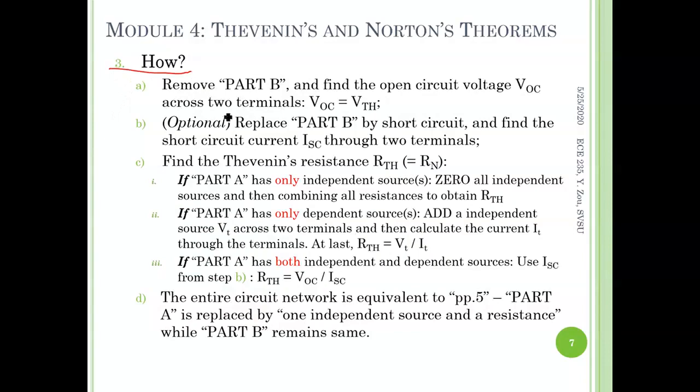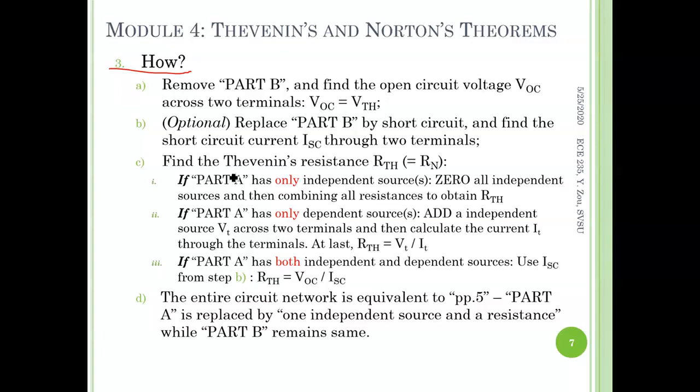Now let's talk about how to really conduct Thevenin or Norton. Since they're equivalent, we just need to find either the Thevenin or the Norton, and then the other one is straightforward. Here I'm providing a procedure for finding the Thevenin equivalent circuit.